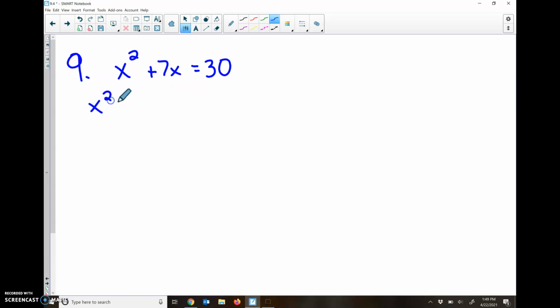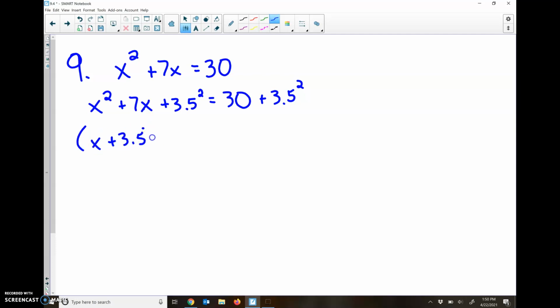So really we're going to do x squared plus 7x plus 3.5 squared is the same as 30. And I added that 3.5 squared to the left side, so I need to add that 3.5 squared to the right side.